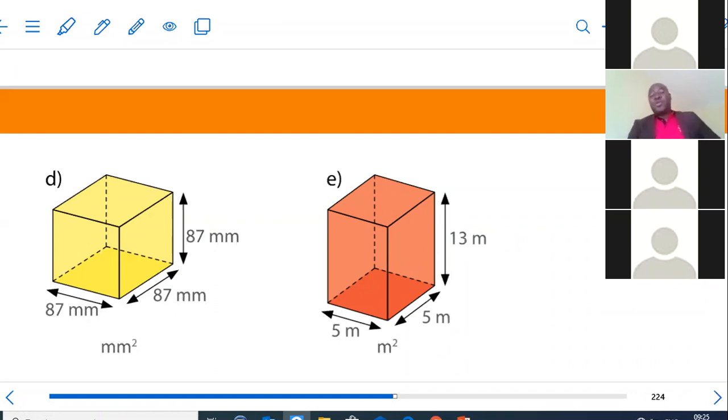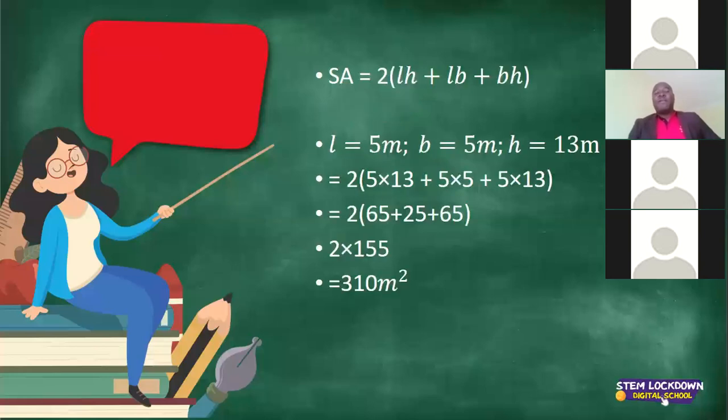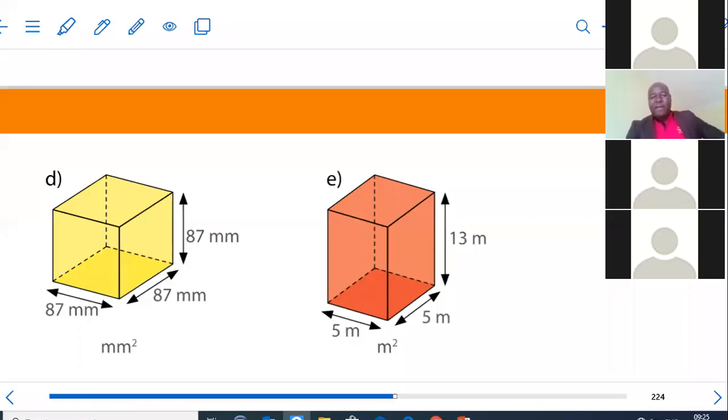Alternatively, you can use the formula. Once you use the formula, it should be clear that the length is equal to 5 meters. The breadth is also 5 meters. But the height is different, that is 13 meters. We're talking about this particular prism here.